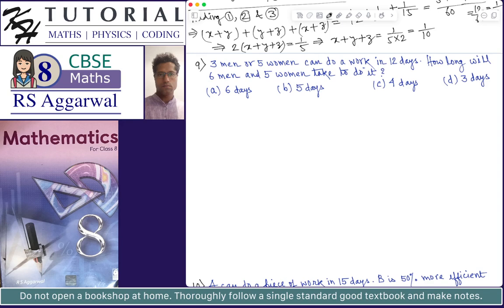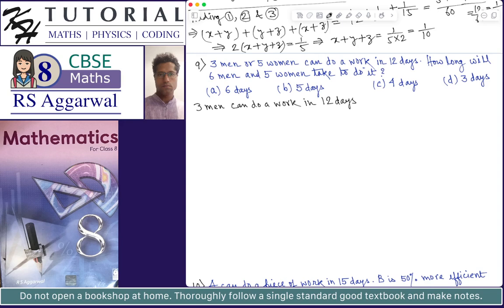It is given that 3 men can do a work in 12 days. Since the work is constant, if you increase the number of men, the time will be less, and if you decrease the number of men, the time will be more.